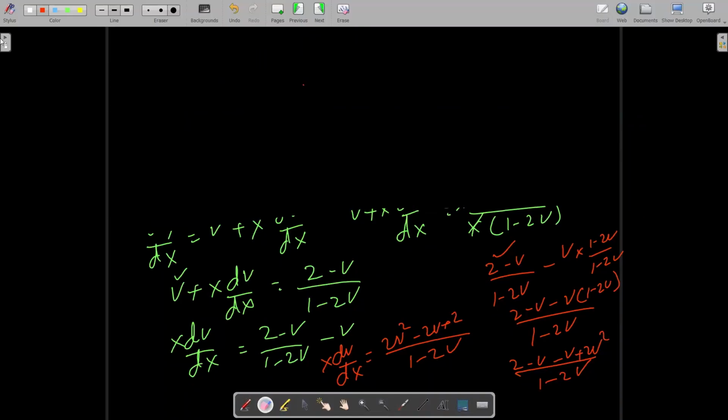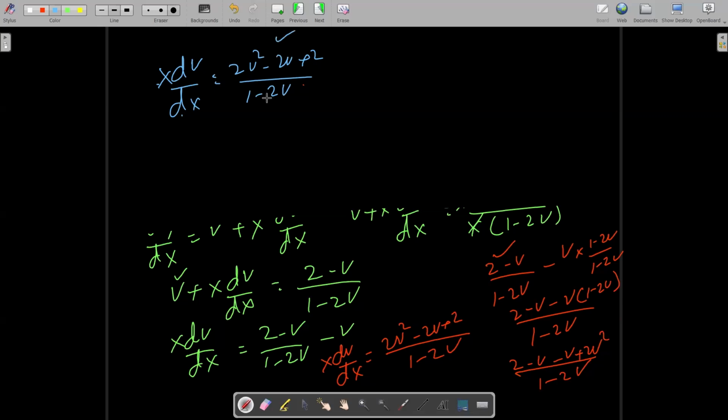Yes. So we got x dv over dx equals 2v square minus 2v plus 2 over 1 minus 2v. We can write the right side on the left side, and x dx on the right side, so you flip this fraction on the left side.